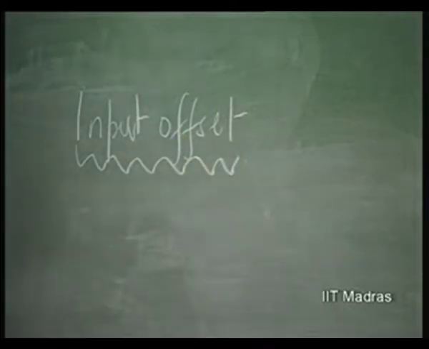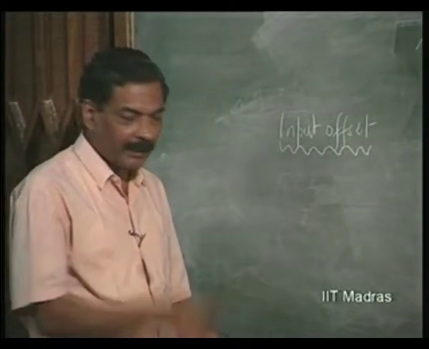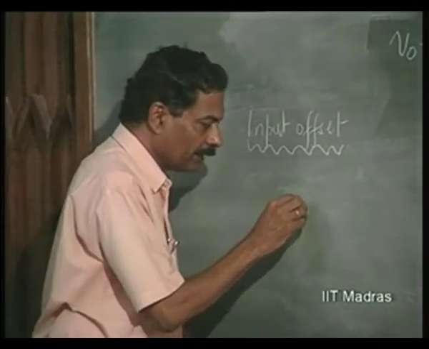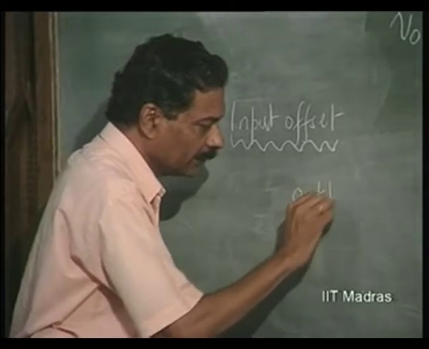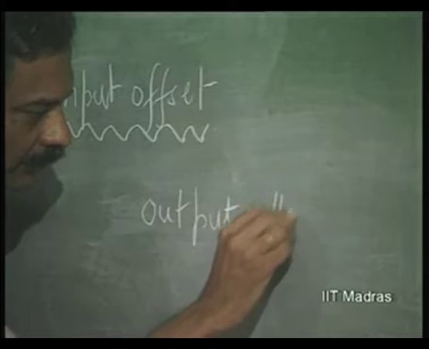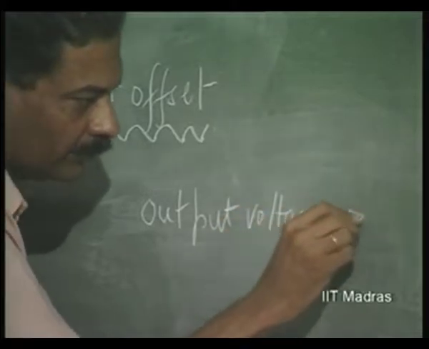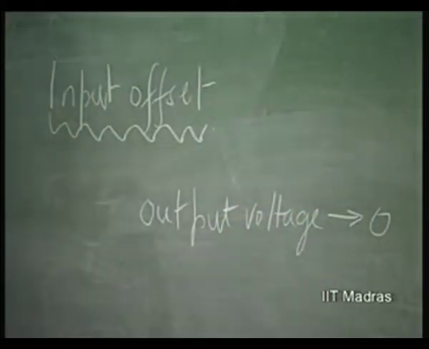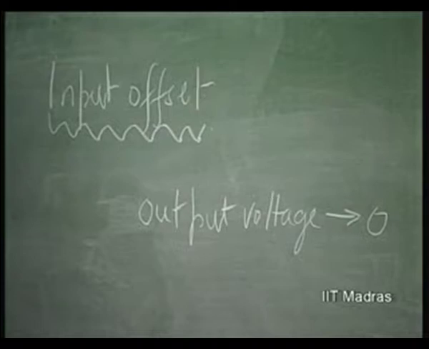Input offset is that voltage that we have to apply at the input in order to make the output voltage go to 0. Is the definition clear? Now, how do we find out the input offset?